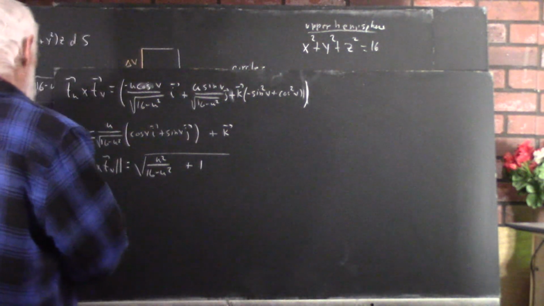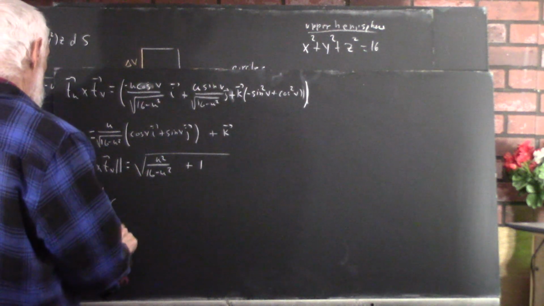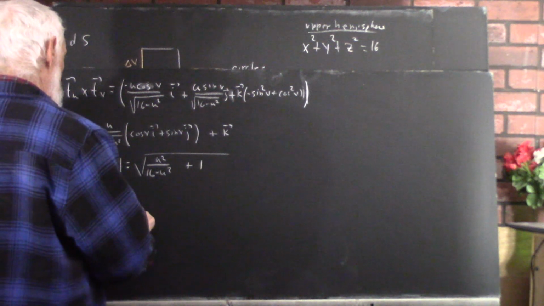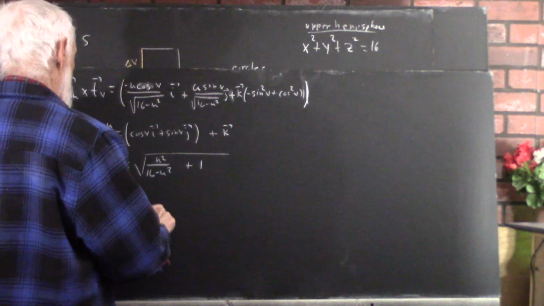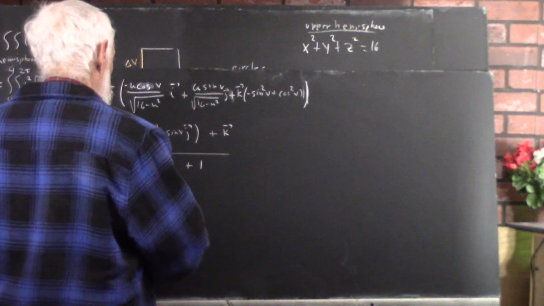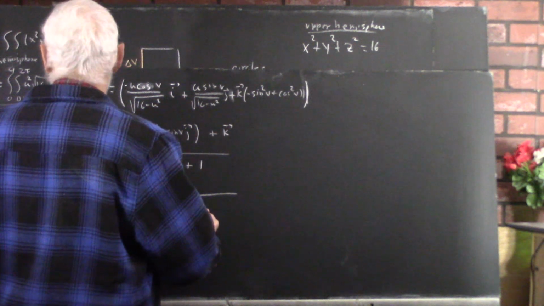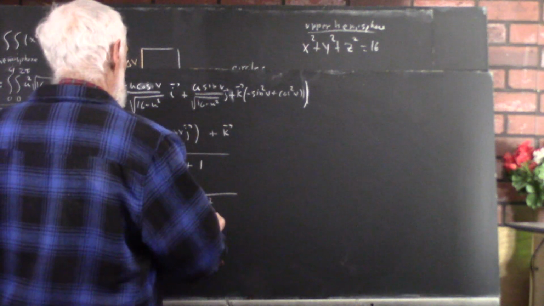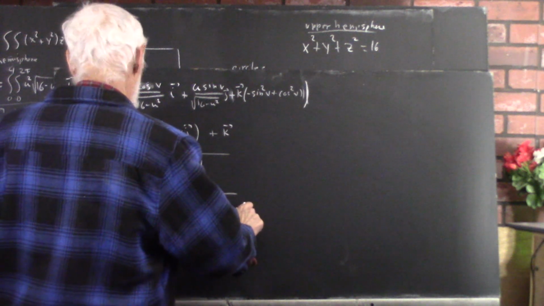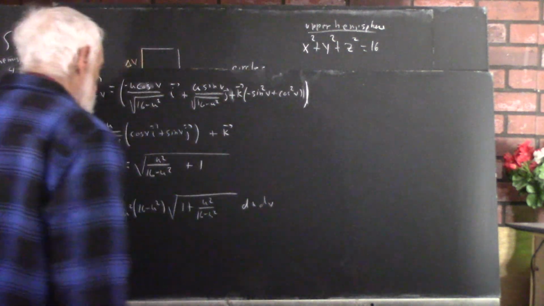Which leads us to the integral now of u squared times 16 minus u squared times the square root of 1 plus u squared over 16 minus u squared du dv.